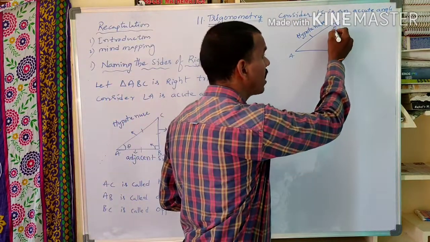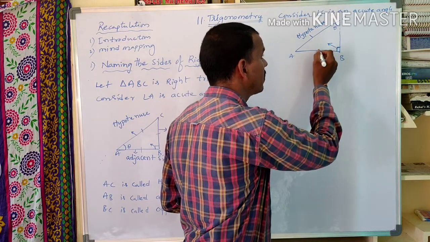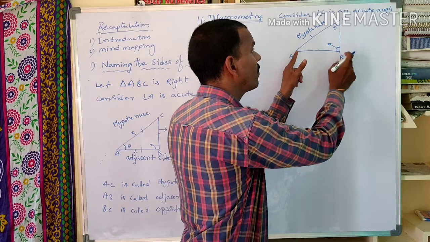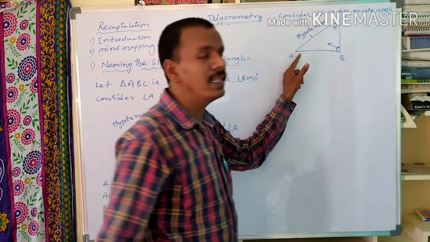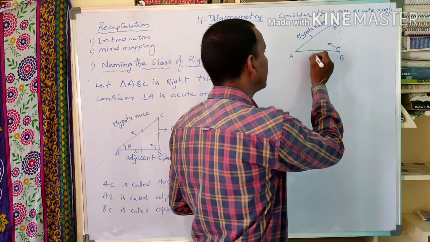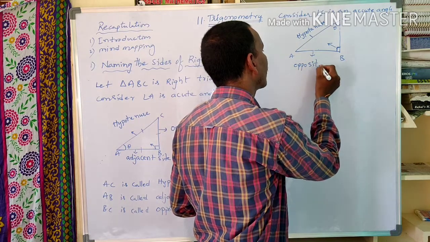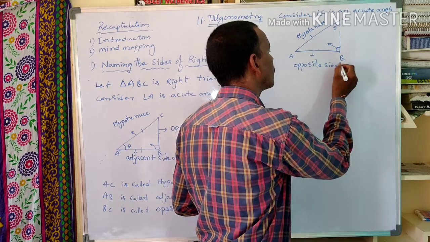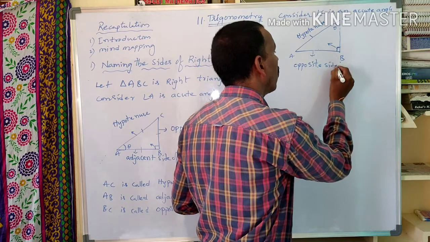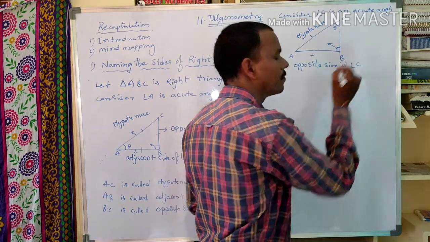The side which is opposite to angle theta, that is AB, is called the opposite side of angle C.